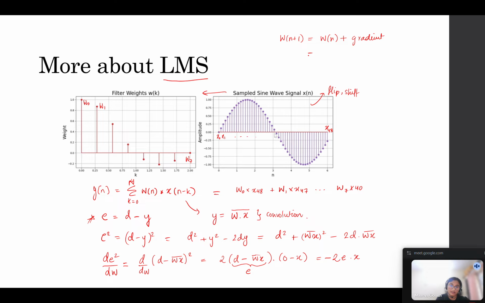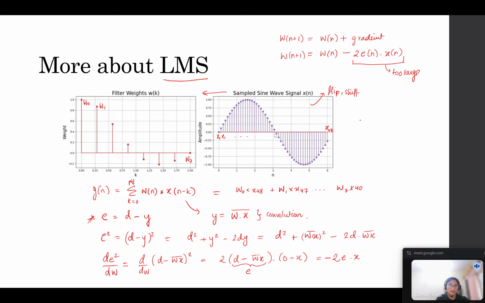So we have minus 2 error, which I represent as e of n, into x of n. Now the problem here is this value is too large to subtract from the filter weights.